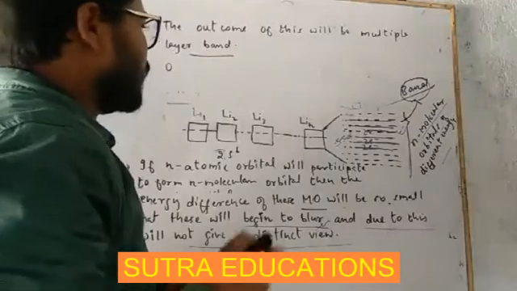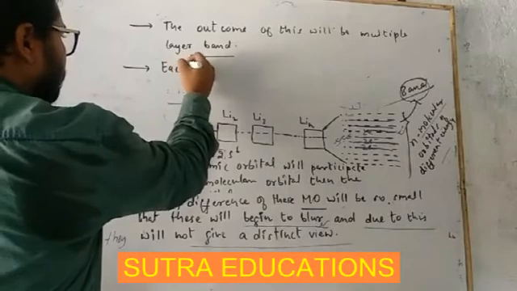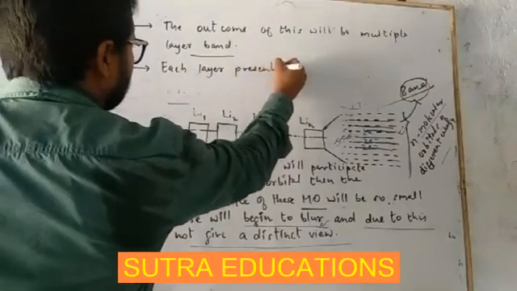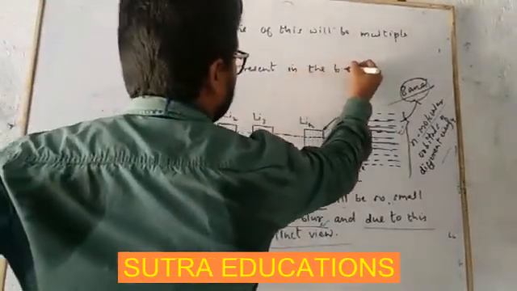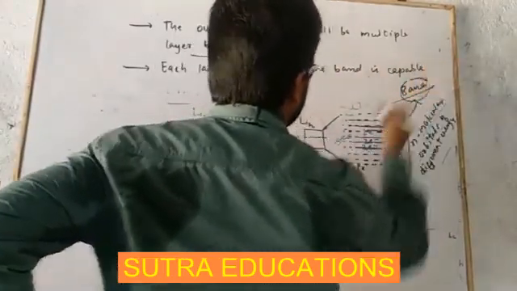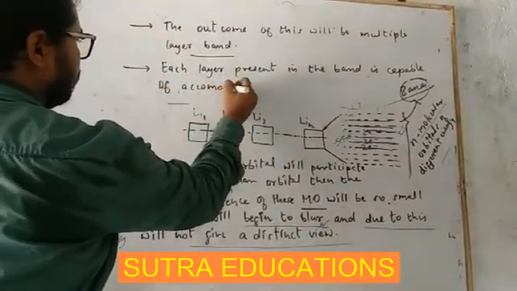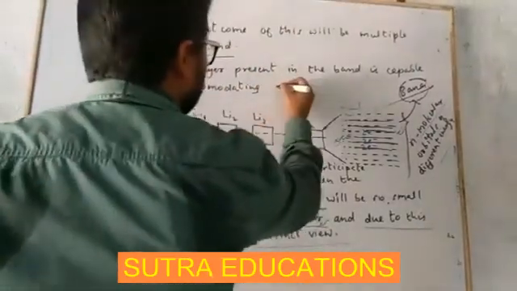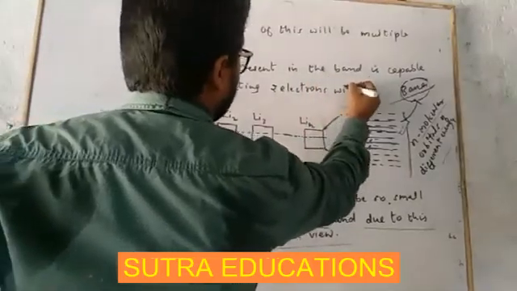So right here, each layer present in the band is capable of accommodating 2 electrons with opposite spin.